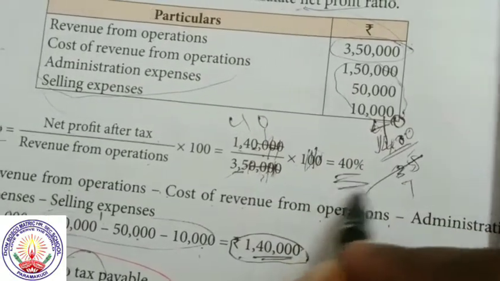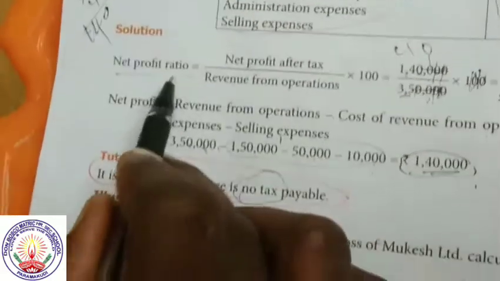The answer is 40% for the net profit ratio.